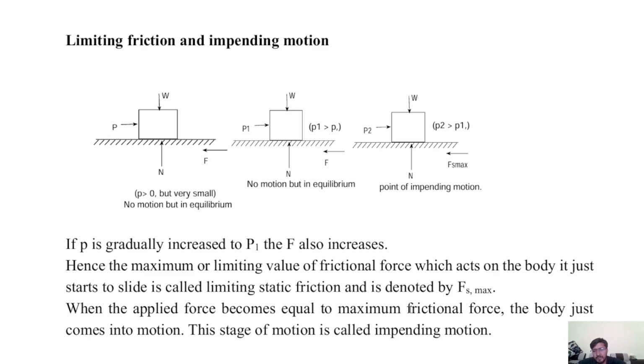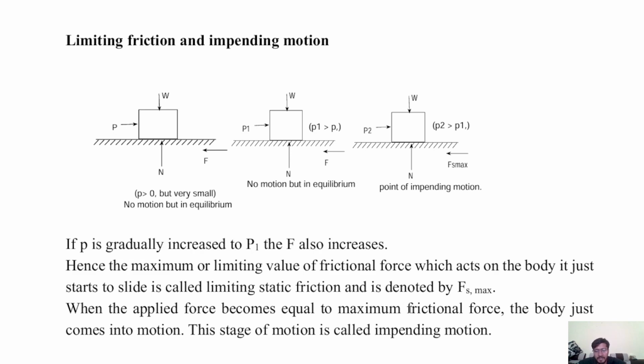We want to discuss here the limiting friction and impending motion. We can see here in these figures, in figure first, the applied force P is greater than 0. That means we apply the force P in rightward direction, but very small, no motion but in equilibrium.